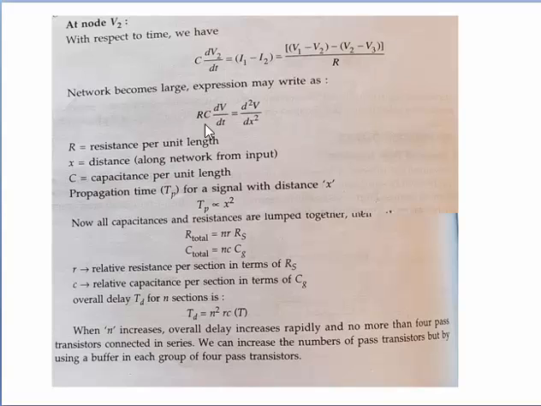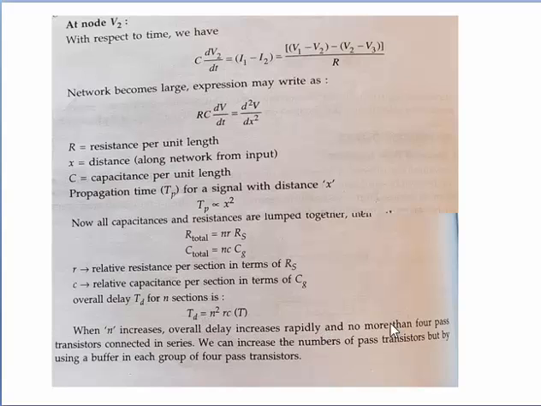So R total is equal to N into r into RS, where small r is relative resistance per section in terms of RS, and C total is equal to N into c into CG, where small c is relative capacitance per section in terms of CG. So the overall delay for n sections, TD, time delay, is equal to N square RC into T. Now when n increases, overall delay also increases because it is directly proportional.